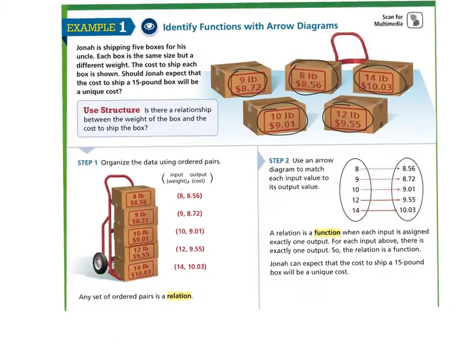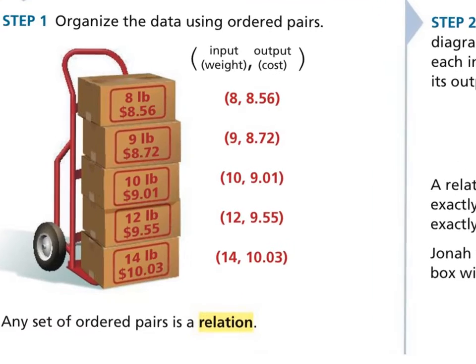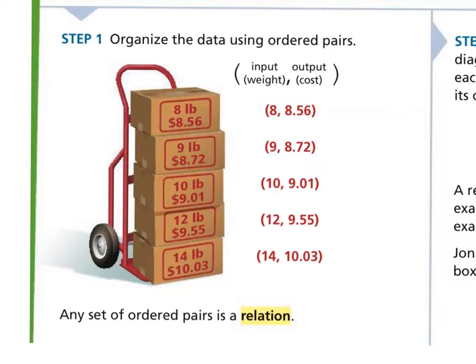Okay, so the book said one option here: organize these using ordered pairs. They said the weight is the input and the cost is the output. So we start with how much it weighs, and then we can figure out how much it's going to cost. So this is a set of ordered pairs, which is called a relation like we talked about before.